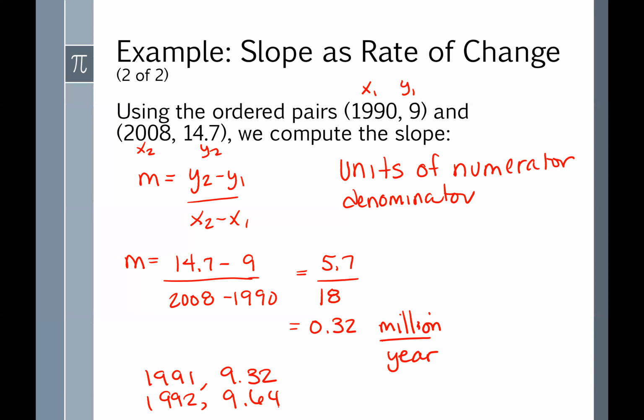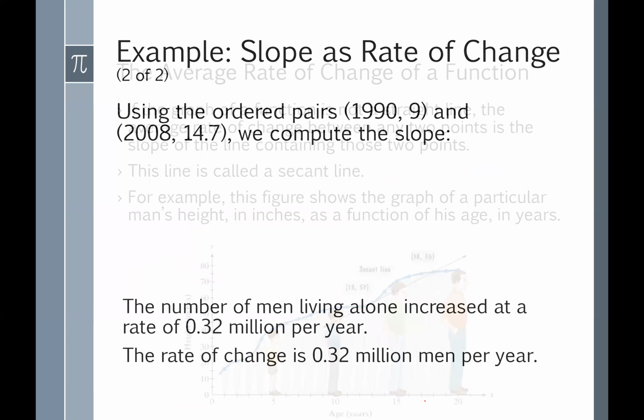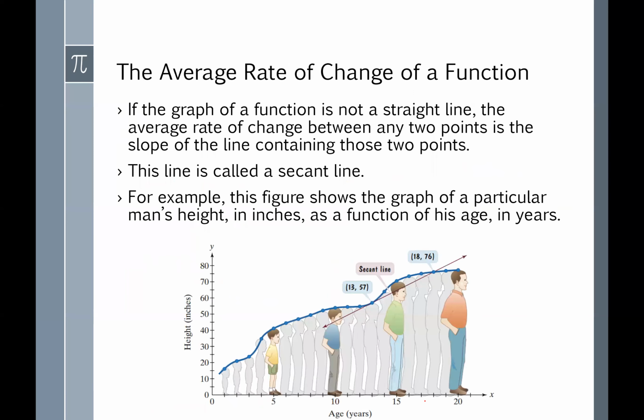That's because this is linear. It isn't always necessarily linear though. All right, so let's look at an example that's not linear. And this is the growth of a male child from the time he's born to adulthood. So this graph is not a straight line.